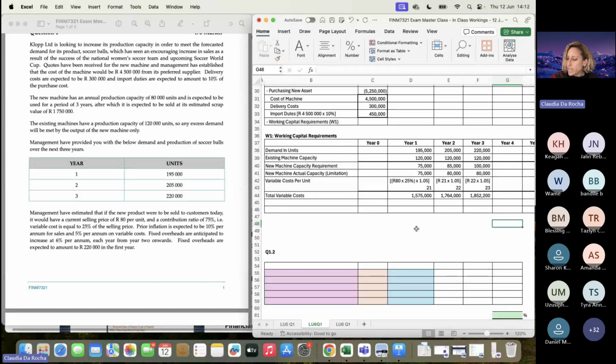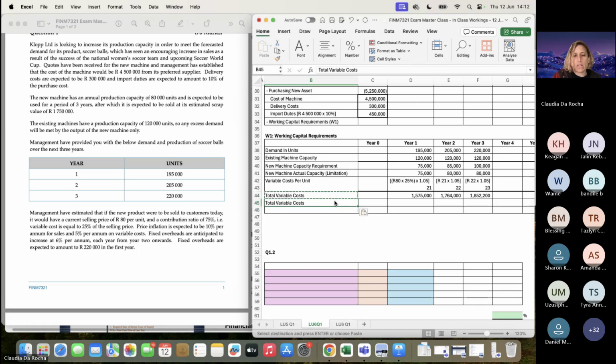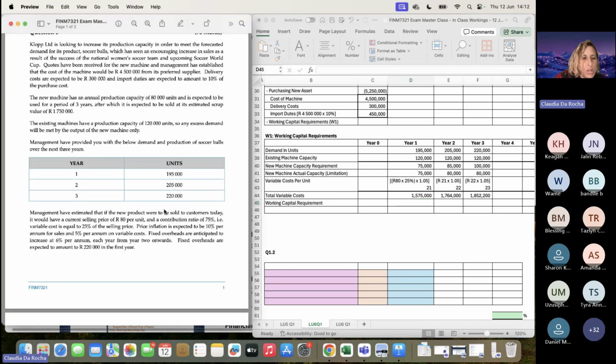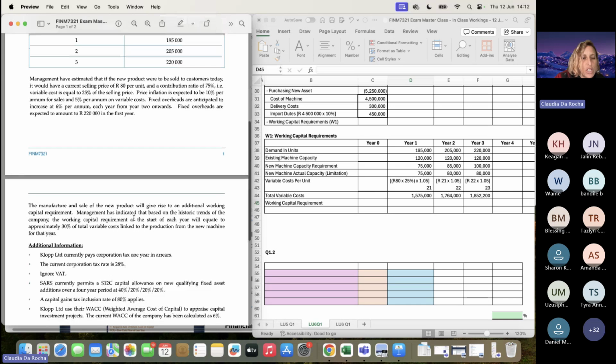Okay, what is our working capital requirement then? Remember they said to us that our working capital requirement is 30% of total variable costs.